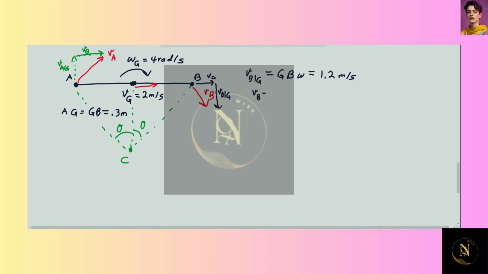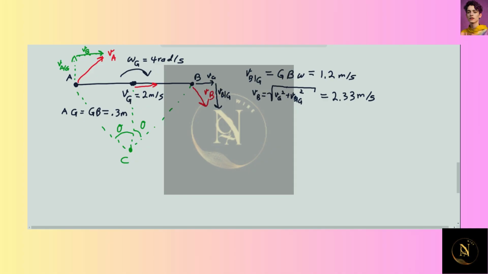So VB will equal the square root of VG squared plus VB given G squared, which if we put the numbers in, VG is 2, we found VBG as 1.2. This leaves us with about 2.33 meters per second.